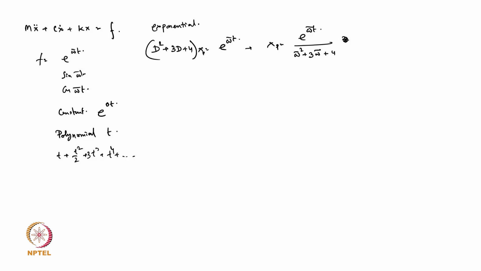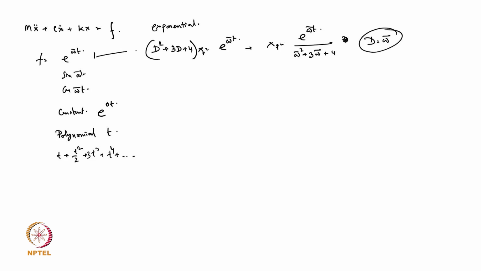So here the point is that we are substituting D equal to omega bar. In place of D, we can just substitute omega bar, and that will give us the solution. So we can see that very easily we are able to get this.